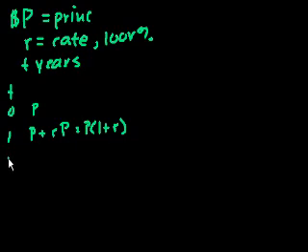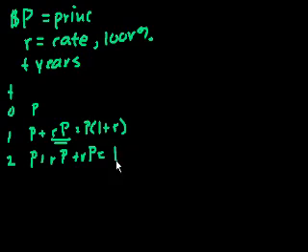And then after 2 years, how much do we owe? Well, every year we just pay another RP, right? In the previous example, it was another $10. So if this is 10%, every year we just pay 10% of our original principal. So in year 2, we owe P plus RP. That's what we owed in year 1, and then another RP. So that equals P plus 2RP.